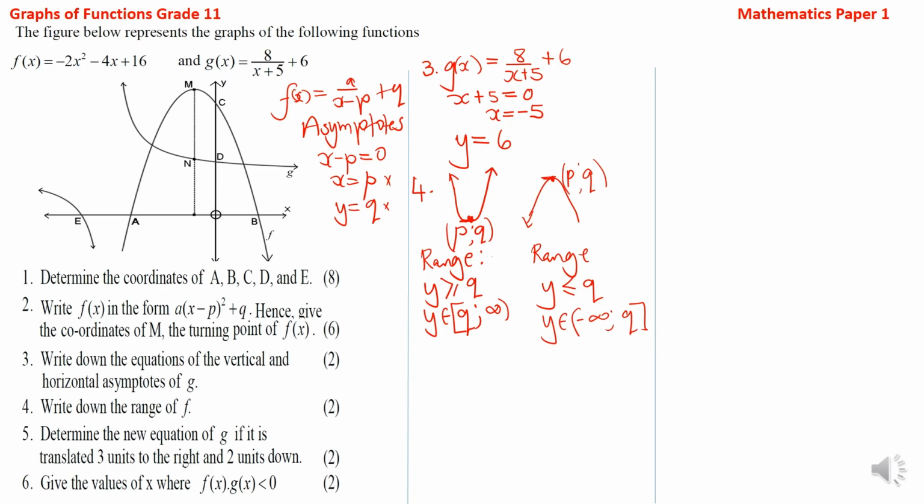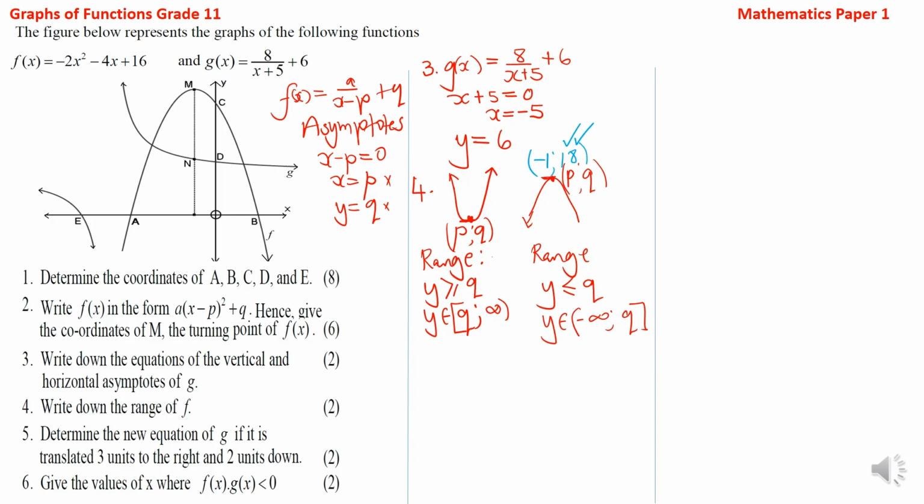In our case, the turning point in our graph has the coordinates of point M. Remember, we determined the coordinates of point M in question number 2. So we know that the coordinates of point M are -1 and 18. Those are the values of p and q. For the range, we are using the y coordinate of the turning point, which is 18 in our case.